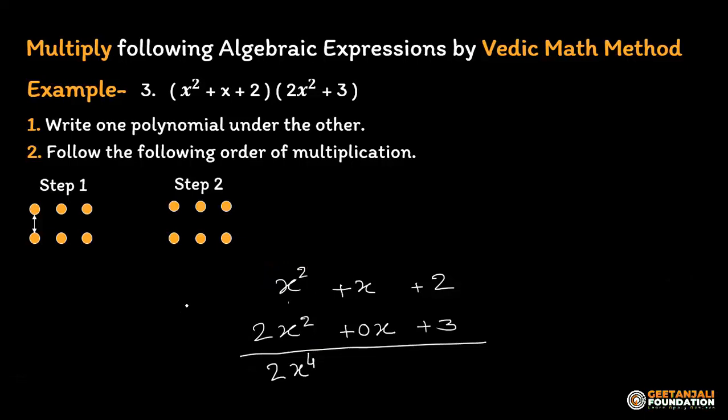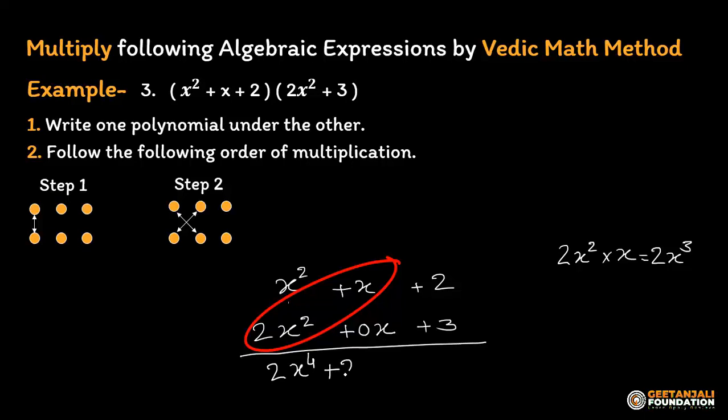In this step, we move towards the right and consider the next column and cross multiply these terms. Cross multiply these terms and add the results. So when x squared is multiplied with 0, it will give you 0. So I'm not writing 0. And 2x squared multiplied with x will give you 2x cubed, because x squared and x will give you x cubed.